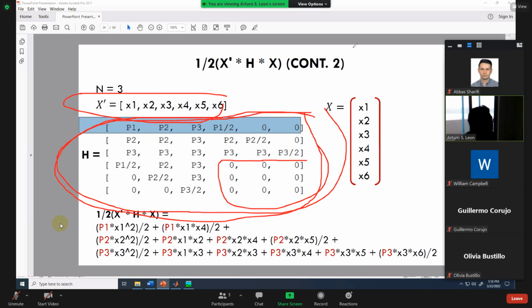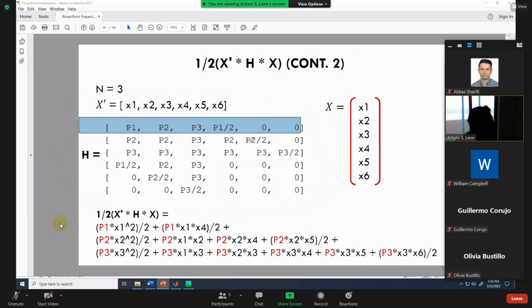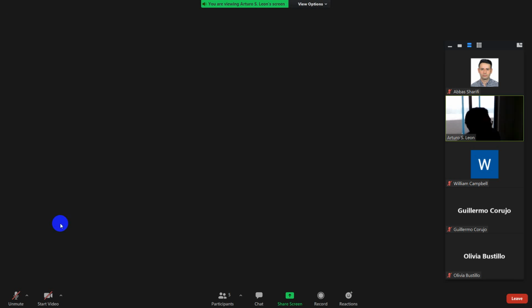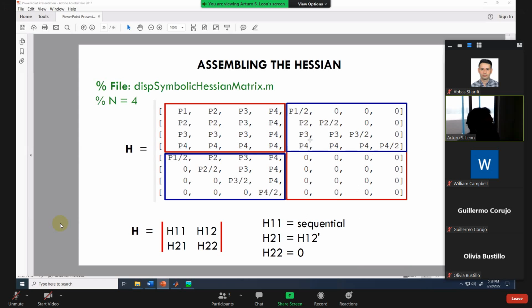And that's what I did, right? I did it for 3, and then here, for 4 it becomes like this. Oh, here it becomes 0. So you start to see a pattern, right? Here I realize that all of this is zeros. I realize that this is P1, P2, P3, P4.